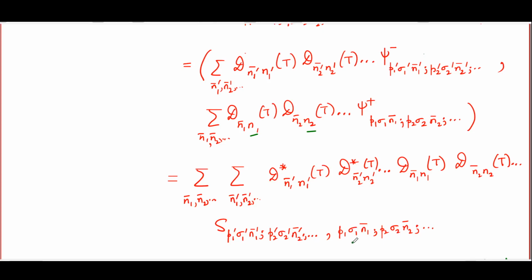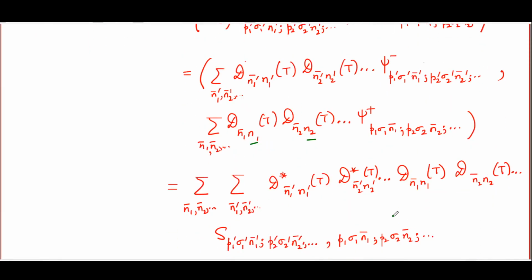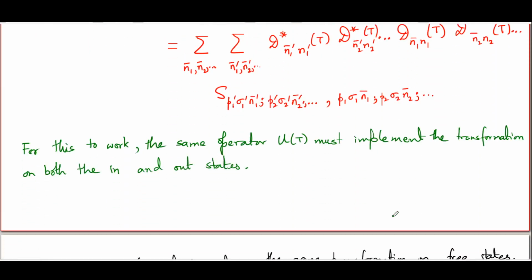Particle labels, remember, include both the particle momenta and spin values as well as the particle species labels. And as far as internal symmetries are concerned, it's really the particle species labels which interest us, because the particle momentum and spin components will not change under such a transformation. They're the same on both sides.